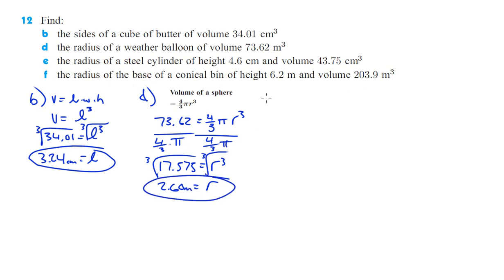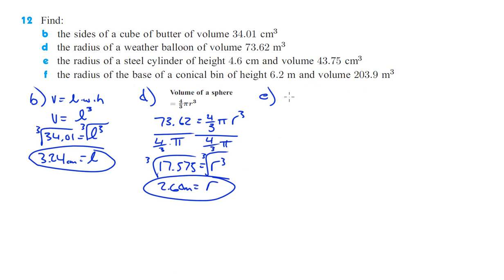Okay, let's see, E, radius of a steel cylinder of height 4.6 centimeters and volume 43.75 centimeters cubed. So, volume of our cylinder is really just the area of the base of the cylinder times the height, right? So area of the base is going to be pi r squared.